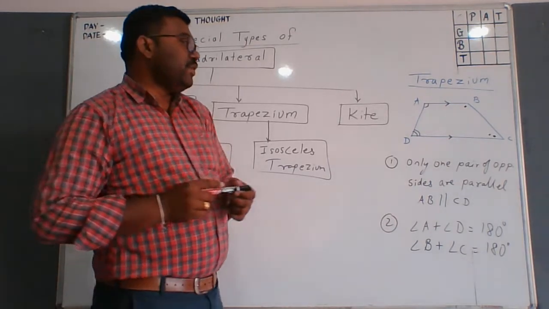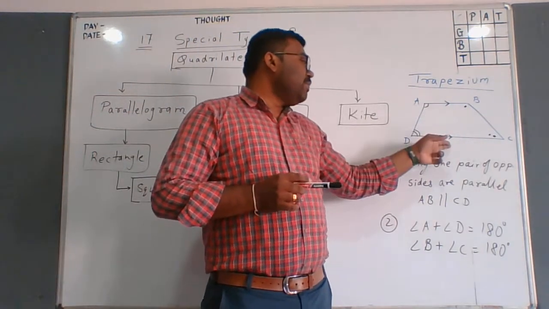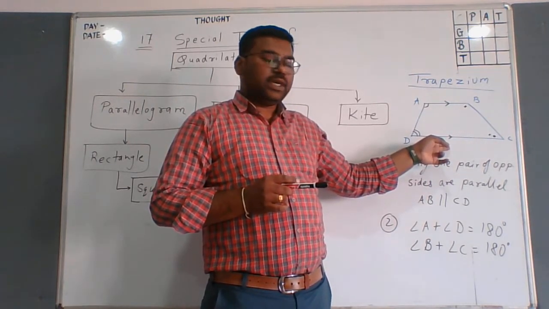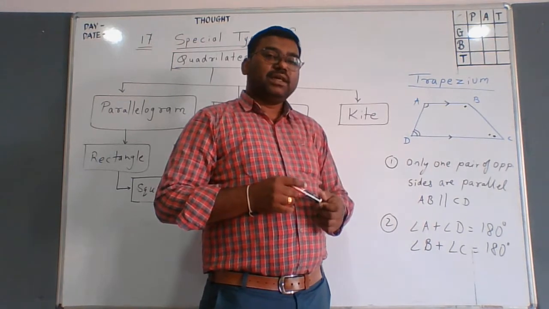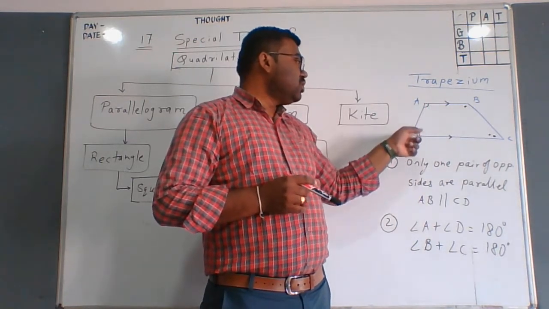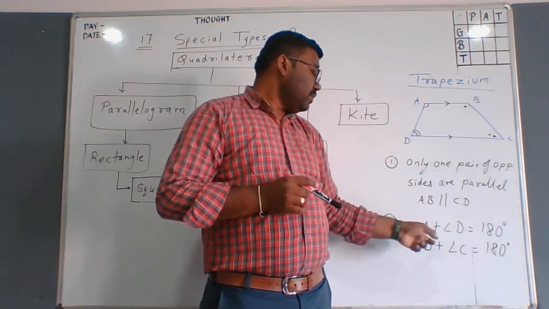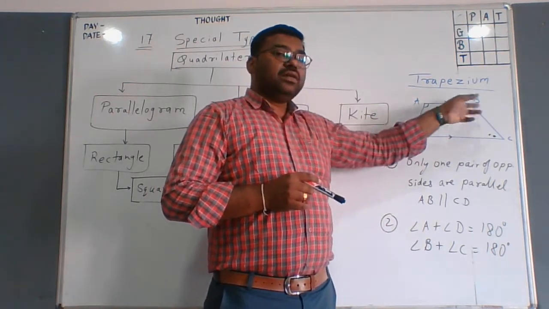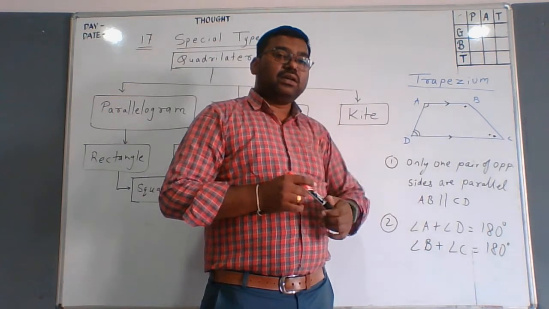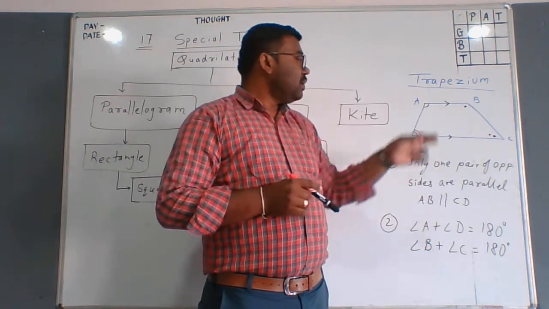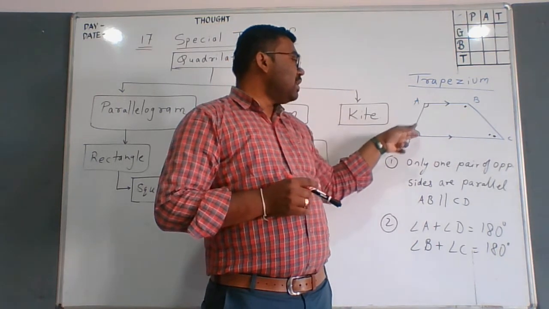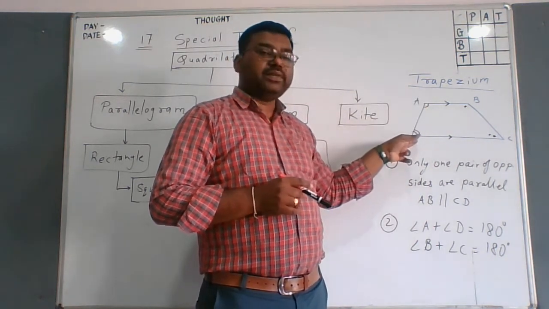The first property is what? One pair of opposite sides are parallel. And the second is adjacent angles, meaning these two and these two are supplementary. We cannot take angle A and angle B. Because they are not in a transversal. So the angles between the joining of the parallel lines are supplementary.